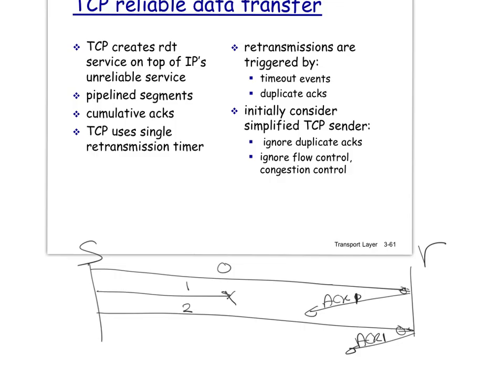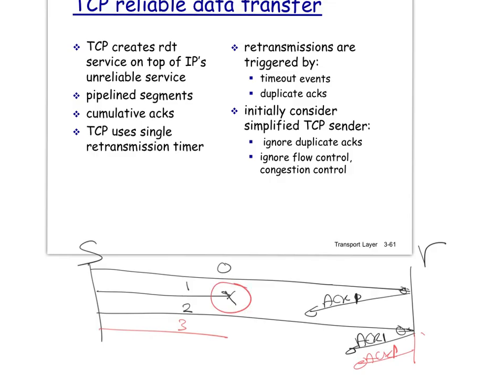So as you can see here, this is called duplicate ACK, right? And if I send 3, what the receiver will do is send an acknowledgement 1. It will keep doing that until it receives segment 1.